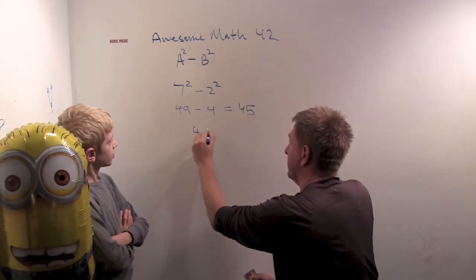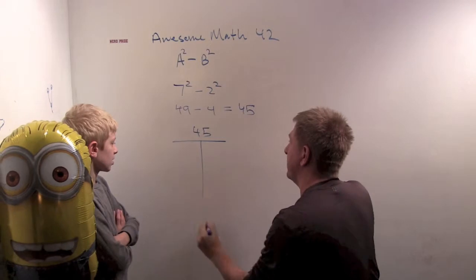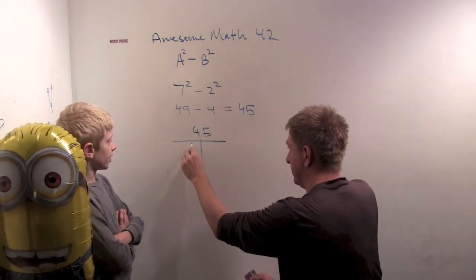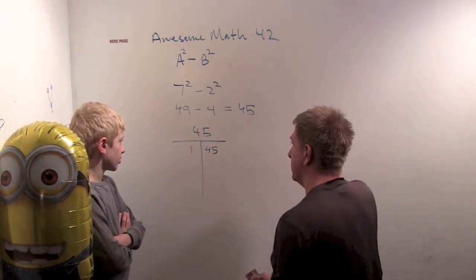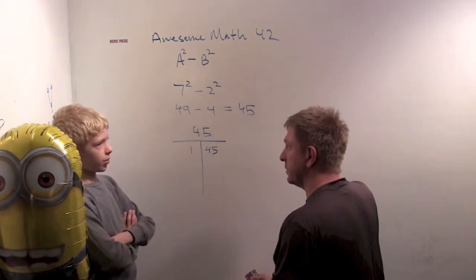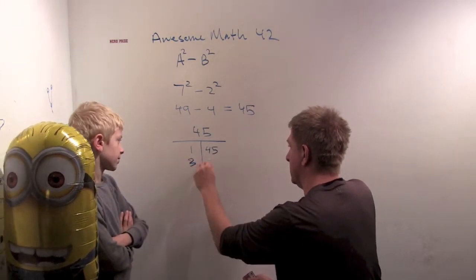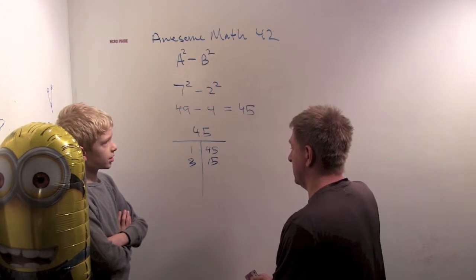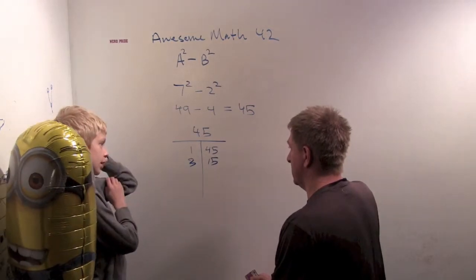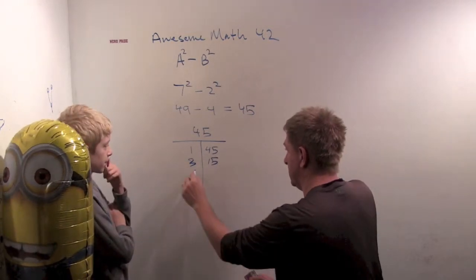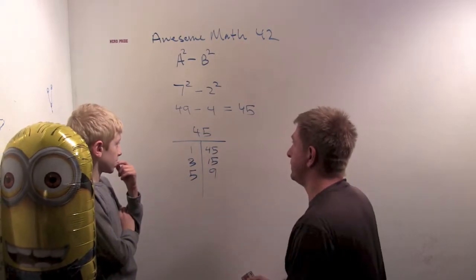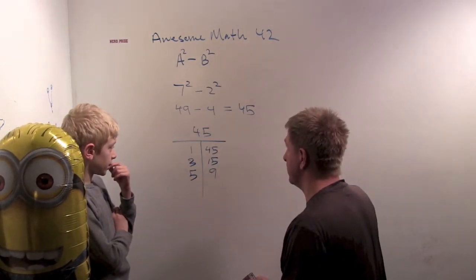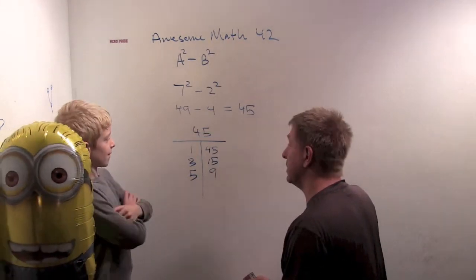Okay, so 45. What are the divisors of 45? 1 and 45, 3 and 15, and then 5 and 9, and I think that might be it.